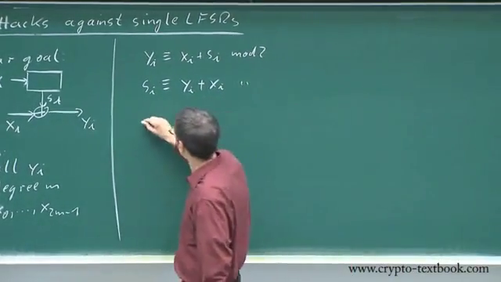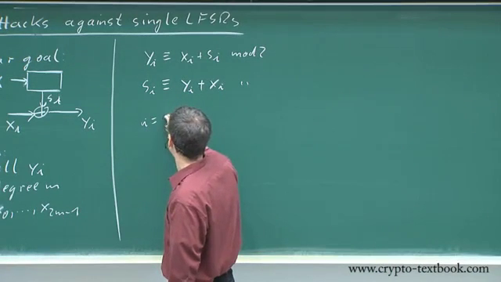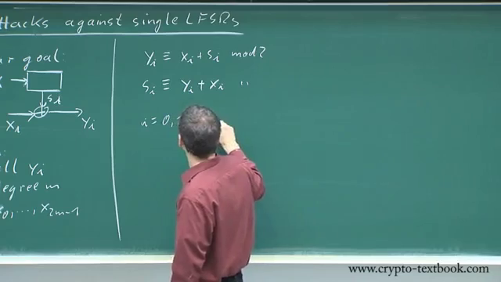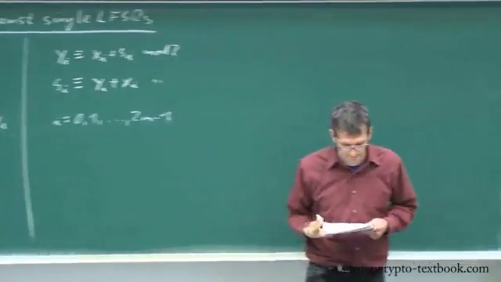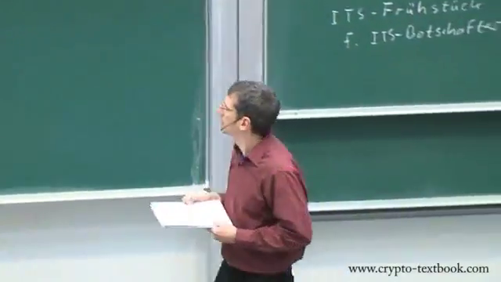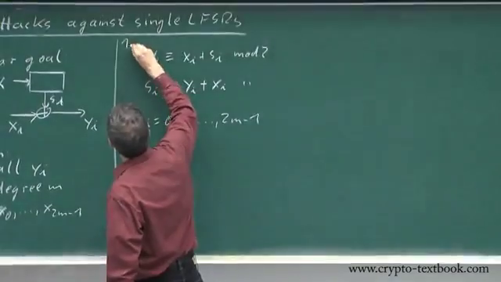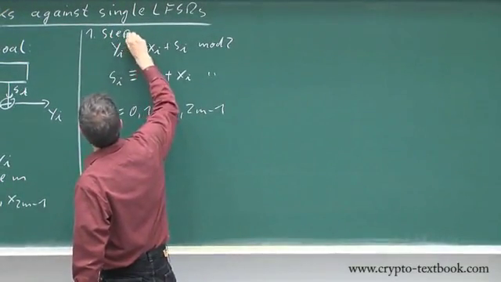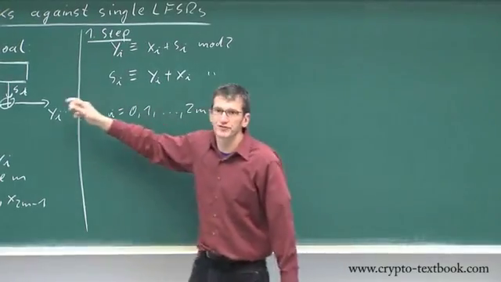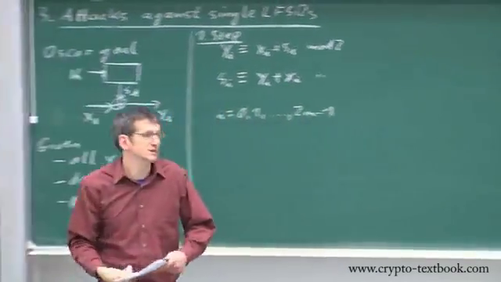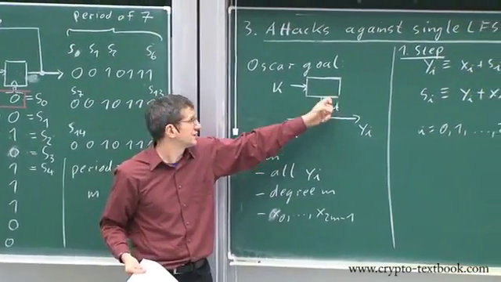He can do that, very importantly, for i running from 0, 1 up to 2m-1. This is the first step of the attack: Oscar computes the first 2m output bits of this here.